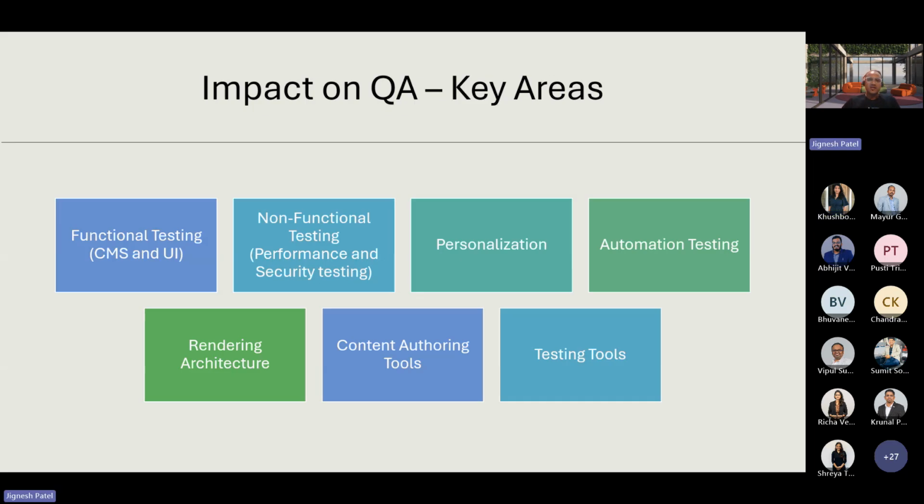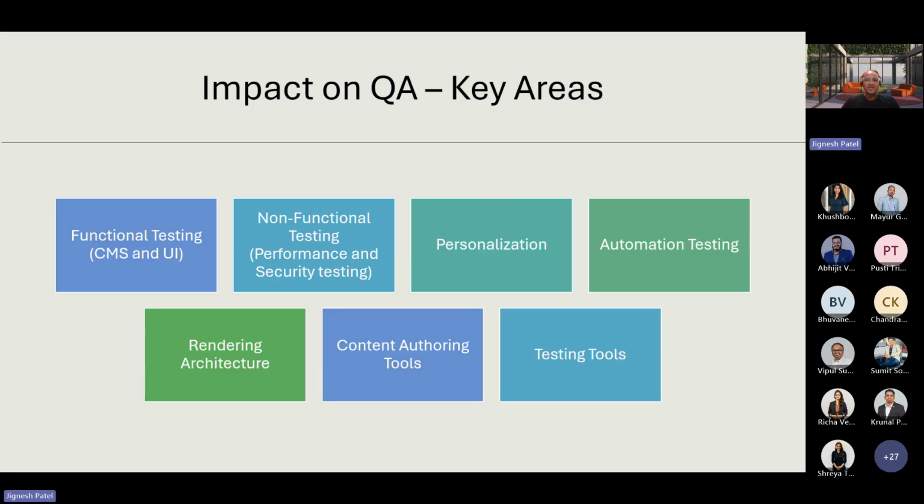Okay, okay. Impact on QA key areas. These are the main things which are going to be touched because of XP versus XM. First is functional testing. In that, I will be covering CMS and UI testing. In non-functional testing, performance and security testing. There are other non-performance testing, but in that testing, I have not found much differences.